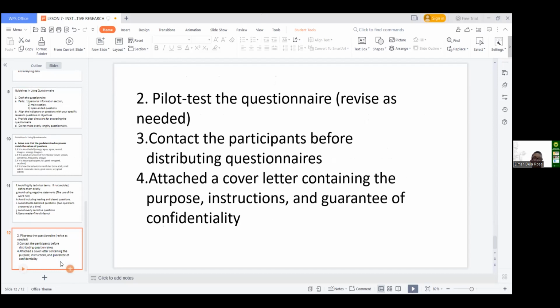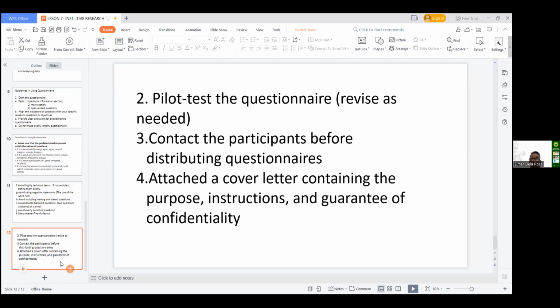The last few items, of course, after your draft and your revisions are made, you pilot test the questionnaire. When you say pilot testing, you administer it to a group of respondents sharing the same characteristics as your actual respondents, pero hindi na sila yung mga actual na respondents mo.